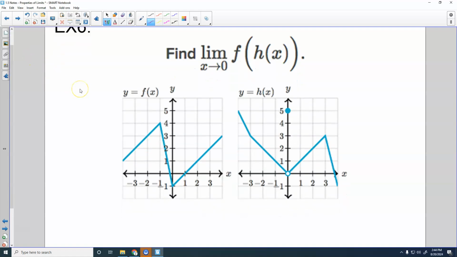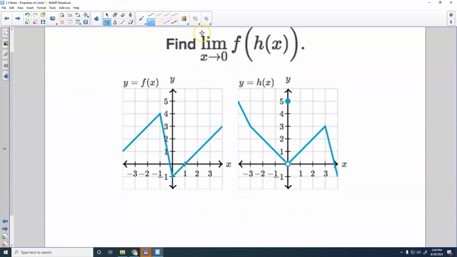Okay. This one is the limit as x approaches 0 of f of h of x. So we're going to do the inside first. We begin with the limit as x approaches 0 of h of x. And what is our limit as x approaches 0 of h of x if we look at this graph? It is 0. Okay?